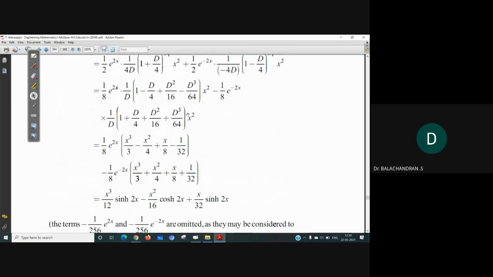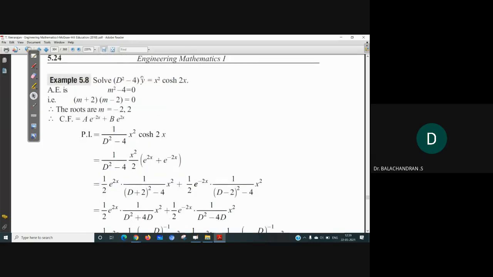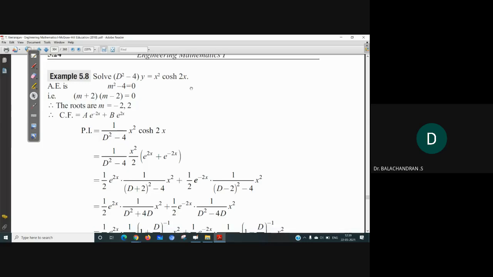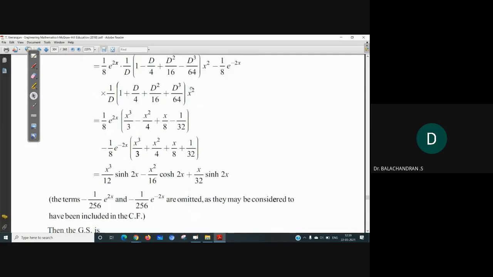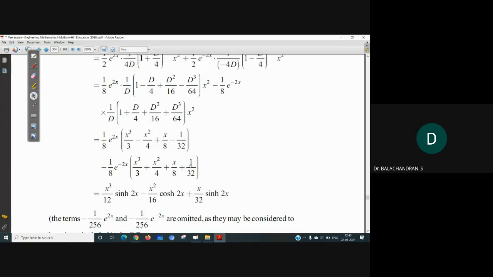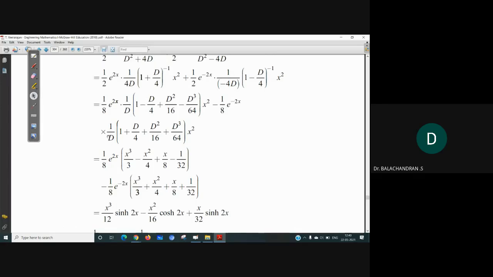If you take this problem, D square minus 4 into y equals x square into cosh 2x, and do it by my method, you may miss the constant term. So please go through the procedure here. They will do it a little bit differently, so that's why I'm giving the example problems.